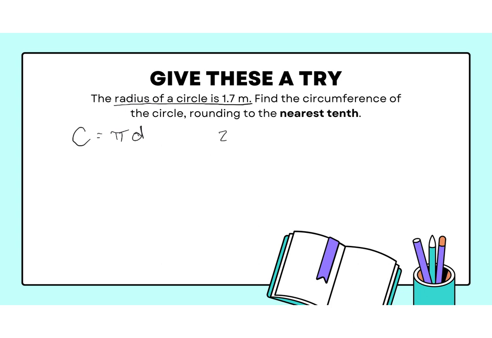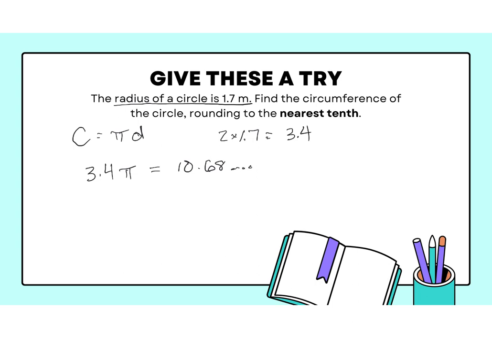So if I do 2 times 1.7, that would give me my diameter of 3.4. So now on the calculator, I would type in 3.4 times pi, and then it should give me the decimal answer of 10.68, and then a bunch of other digits.